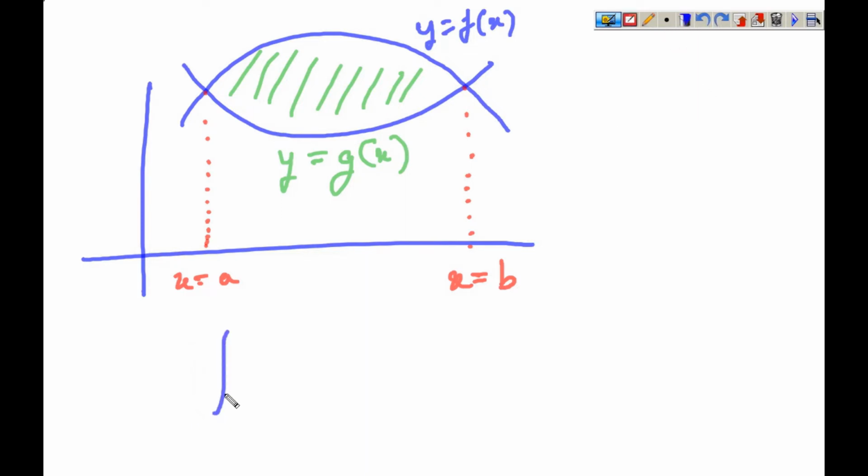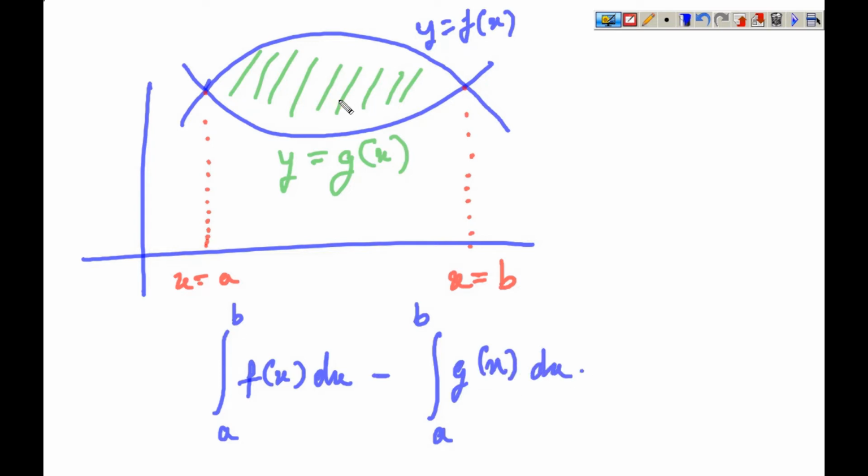So it will be integral of f of x, the top function, and I'm integrating it from a to b dx. I'll get the area of this whole region under this curve, and then I'll subtract the integral from a to b of g of x dx. So then I'll get the remaining area.